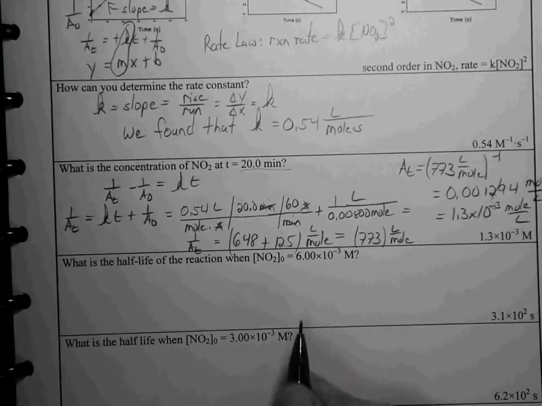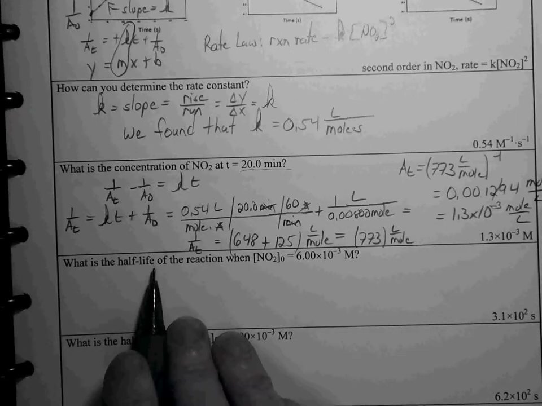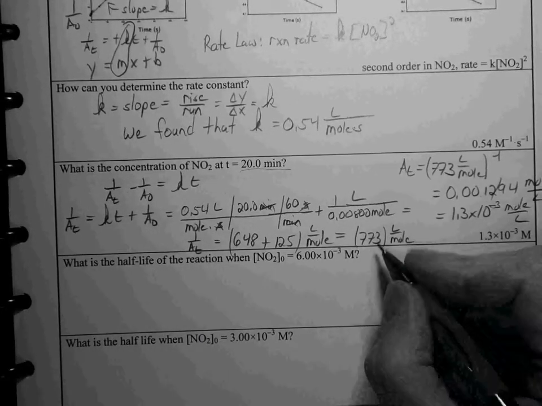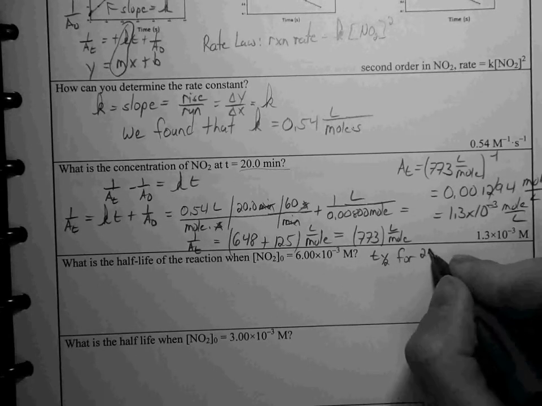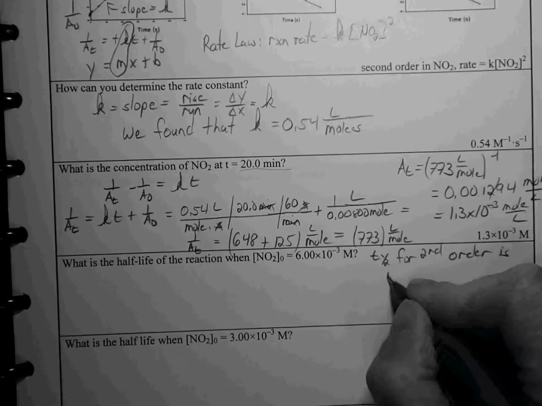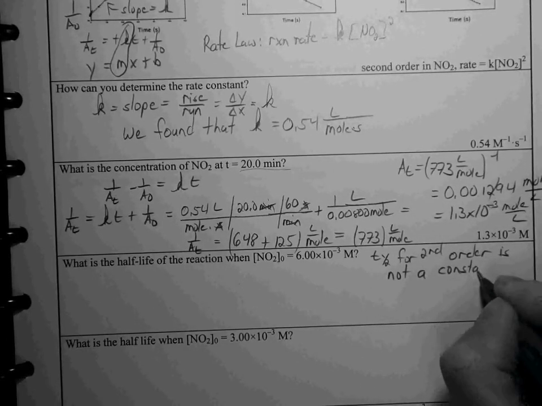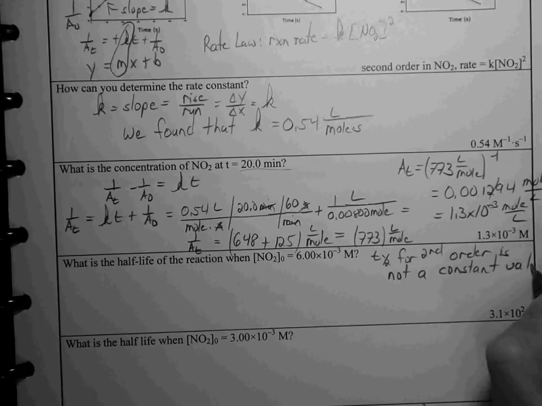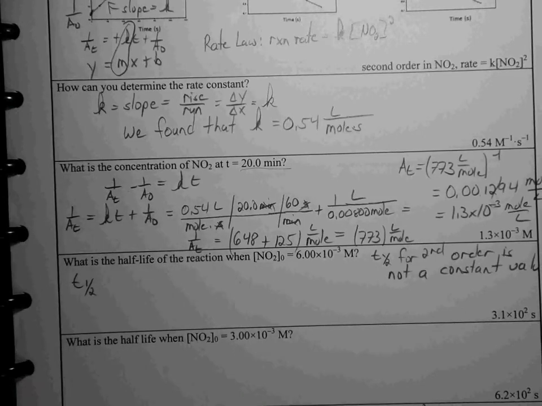Okay, the half-life of the reaction at a given initial concentration. Note this is a second order reaction, and t1/2 for second order is not a constant value, but rather it depends on the initial concentration.